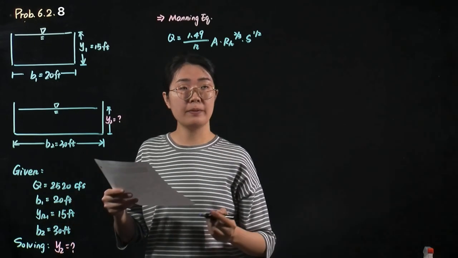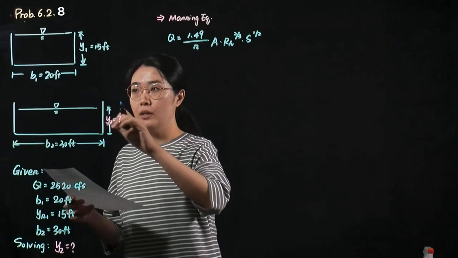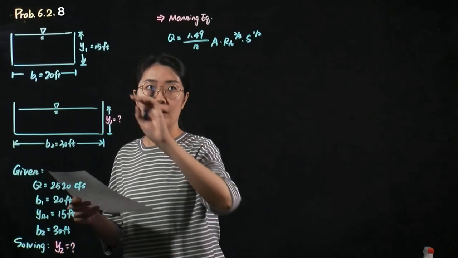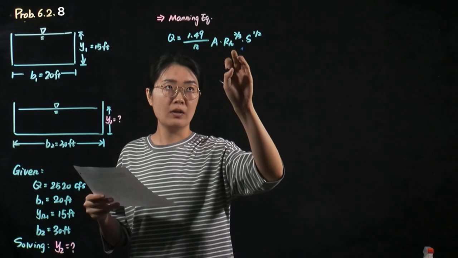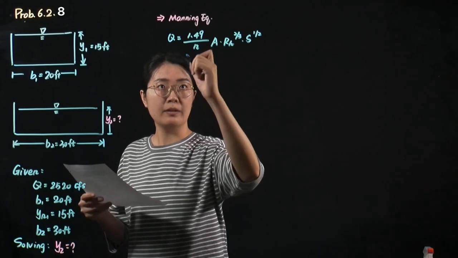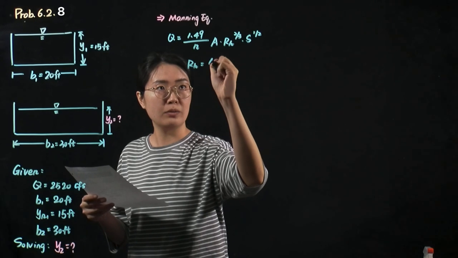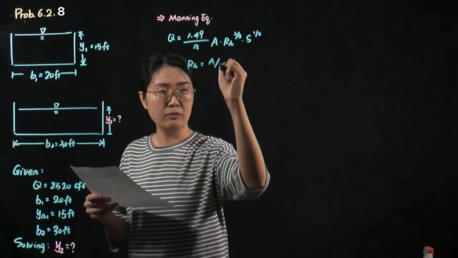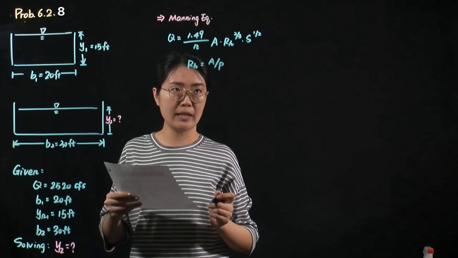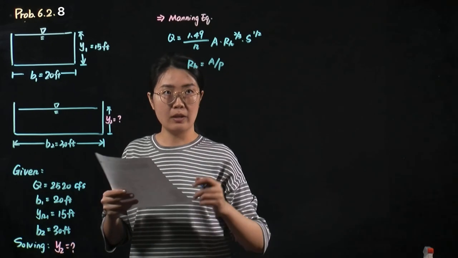Then the next step is to use b and y to represent the hydraulic radius, because we know that the hydraulic radius equals the cross-sectional area over the wetted perimeter.